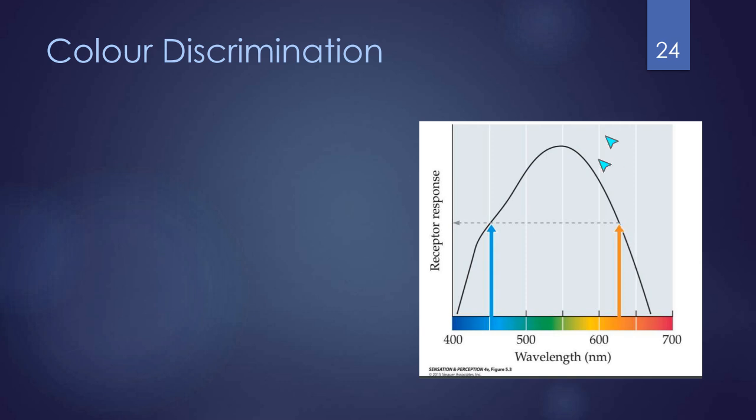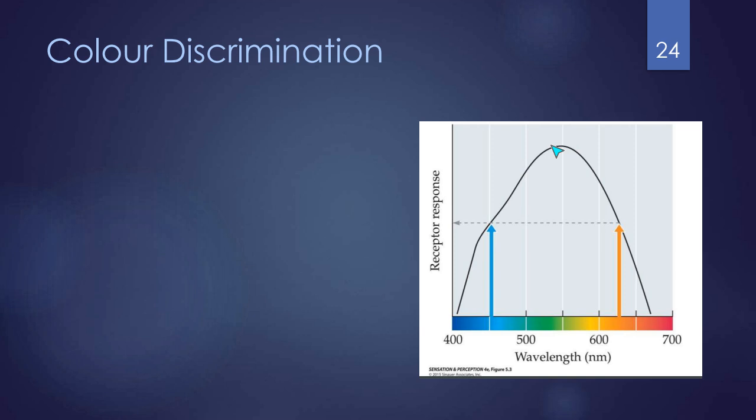If we look at the peak response for this cone, it's in the 535-ish range. So this is an M cone, which responds to medium wavelengths of light, also appearing green.